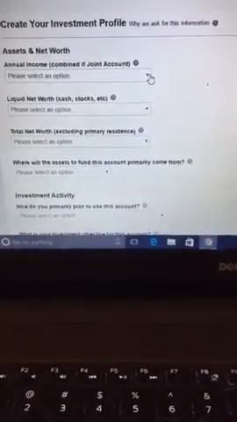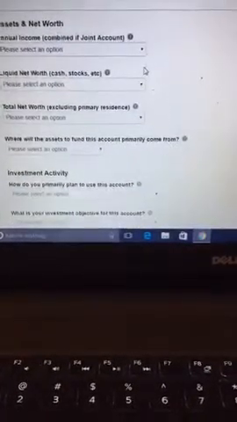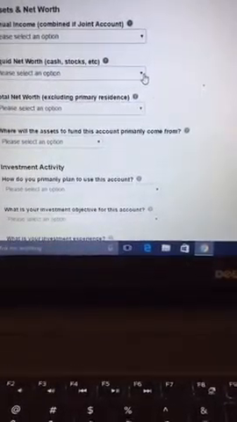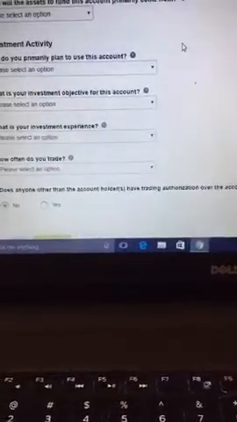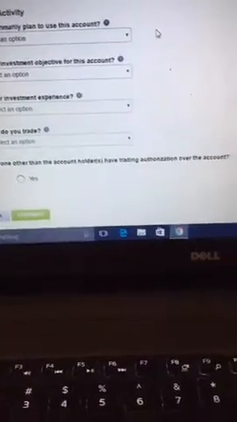Then they're going to ask your net worth, what assets you have, investment activity, and what you primarily plan to use this account for.